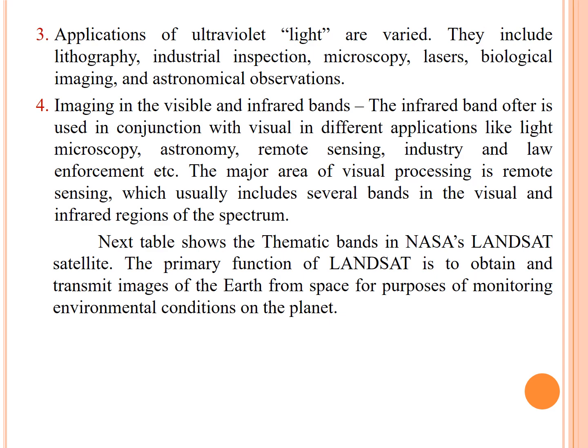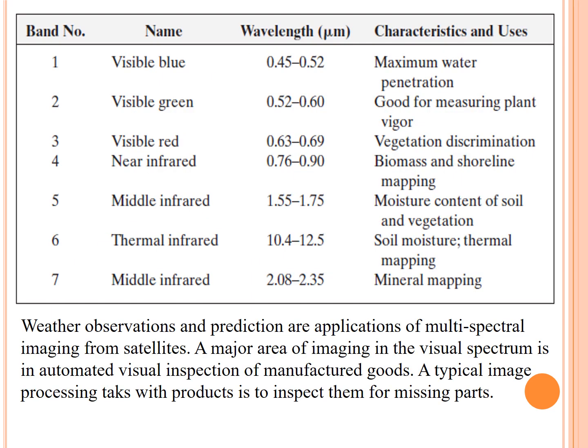The primary function of Landsat is to obtain and transmit images of the Earth from space for purposes of monitoring environmental conditions on the planet. Weather observation and prediction are applications of multispectral imaging from satellites. A major area of imaging in the visual spectrum is automated visual inspection of manufactured goods.